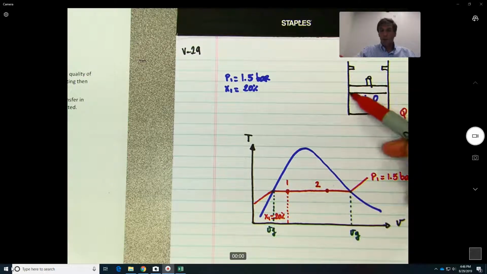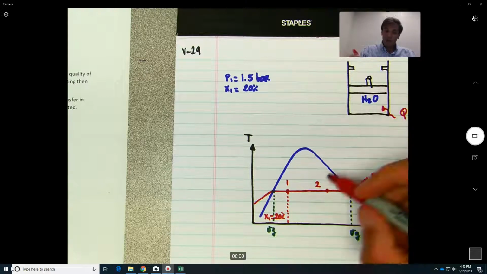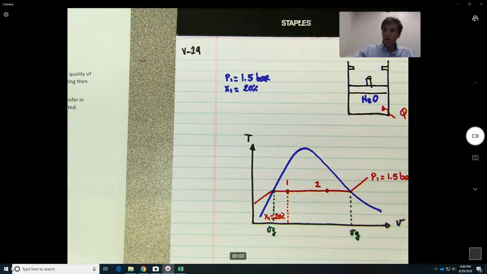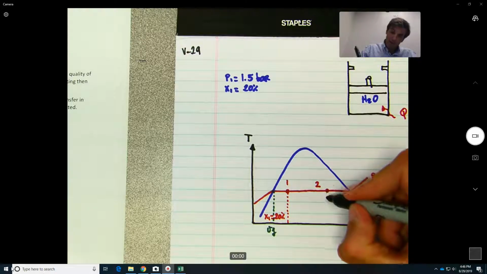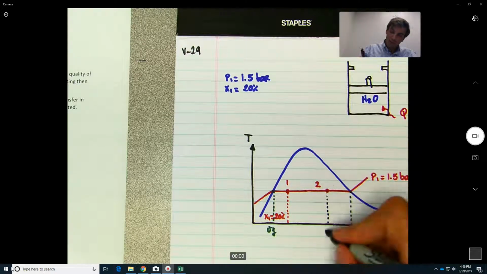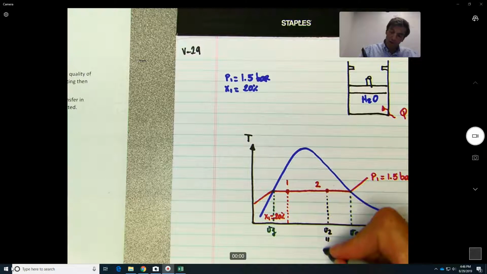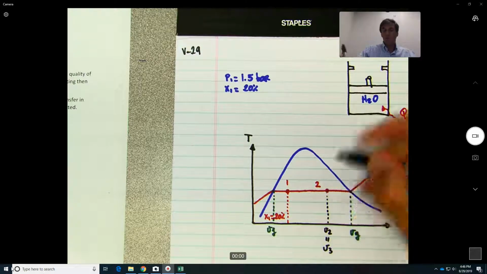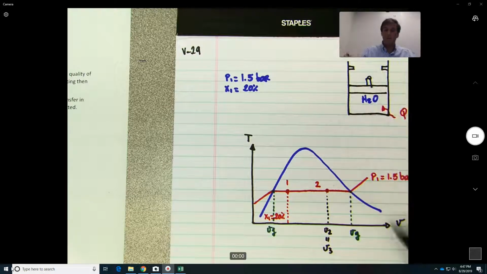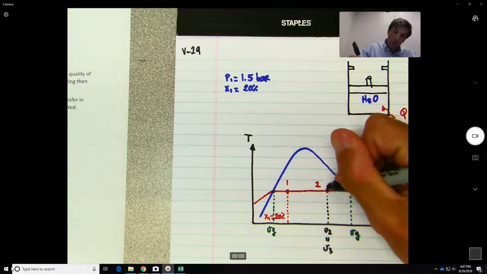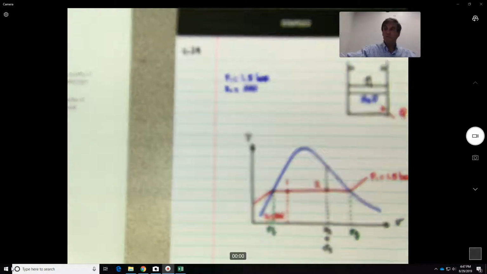So we go from here and now it hits the stops. So now what's going to happen? At this point, what we can say is that v2 will be equal to whatever is the last state, because this will not be able to expand, so the volume will be constant. So we'll be moving along this line over here.